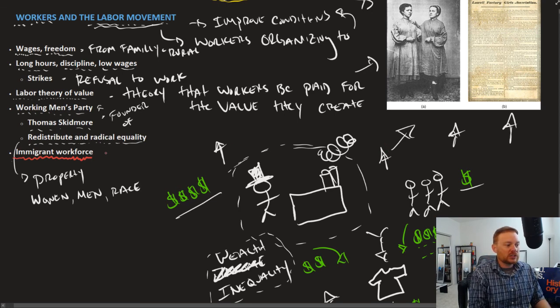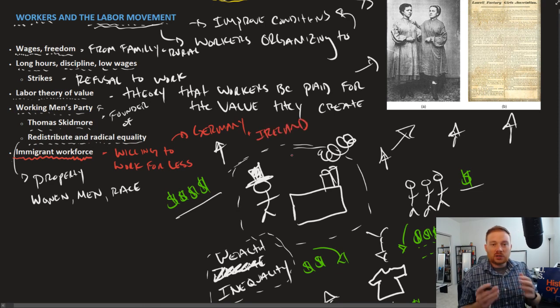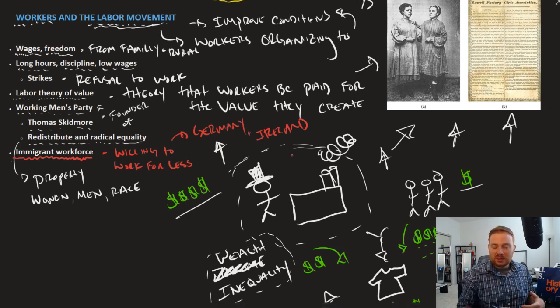And that was because immigrants were willing to work for less, right? And this is especially true in regards to Germany and Ireland. So it wasn't uncommon at all in American cities to find many foreign workers, right, or immigrant workers who begin to make increasingly a larger proportion of the workforce.